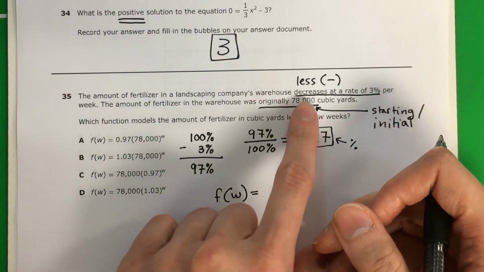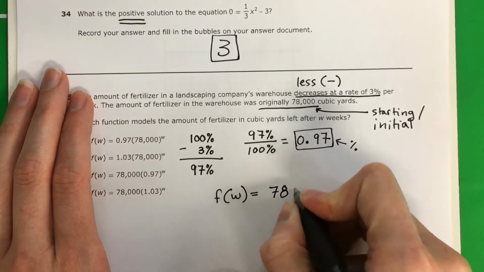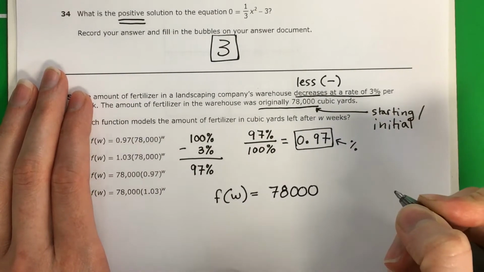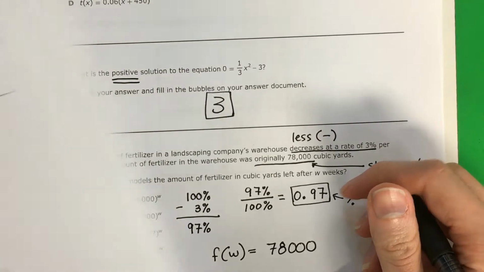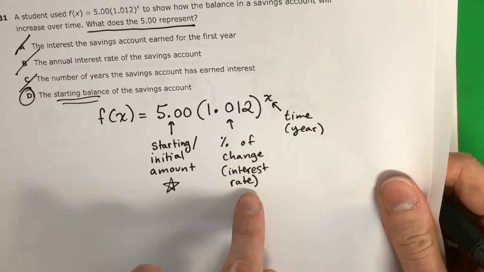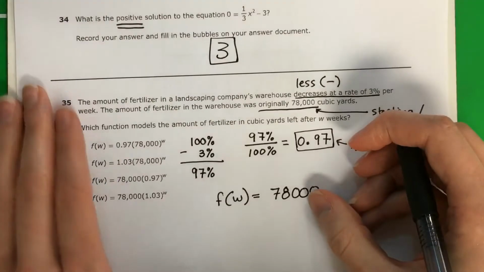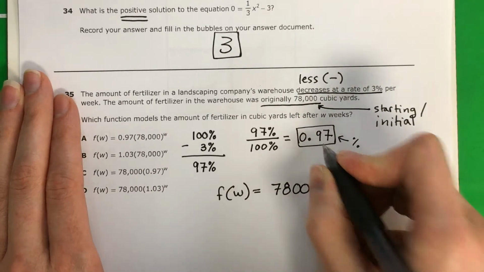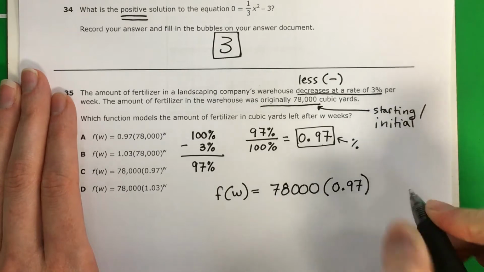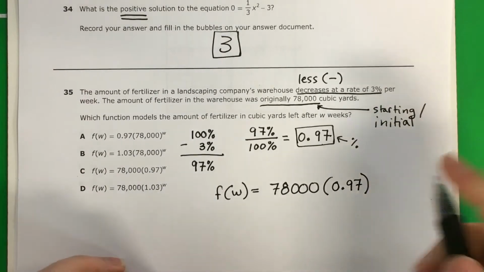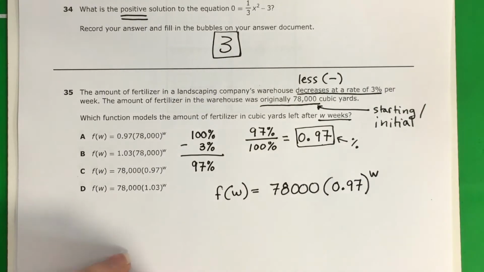Here my starting is 78,000, so I'm going to write 78,000. And just like in question 31, they put in parentheses the interest rate or the percent. So in parentheses, I use 0.97. And then here I need to put the time. They said to use W for weeks, so I'm going to put W for my time.